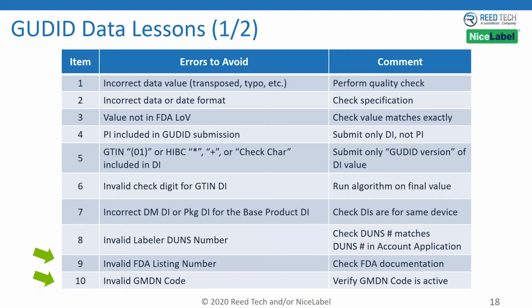We won't go through every one of these lessons learned, but I'll just highlight two there at the bottom. We have found that some of the hiccups and anomalies that come through are getting the FDA listing number for your actual device. Sometimes it's a little hard to find, and you might have an invalid listing number. And the other code, the Global Medical Device Nomenclature Code, keep a close eye on that.